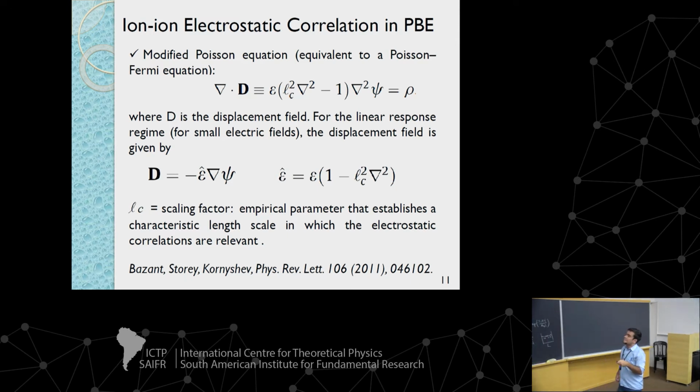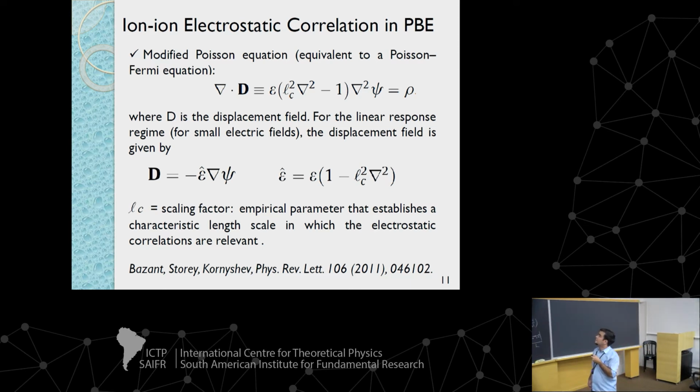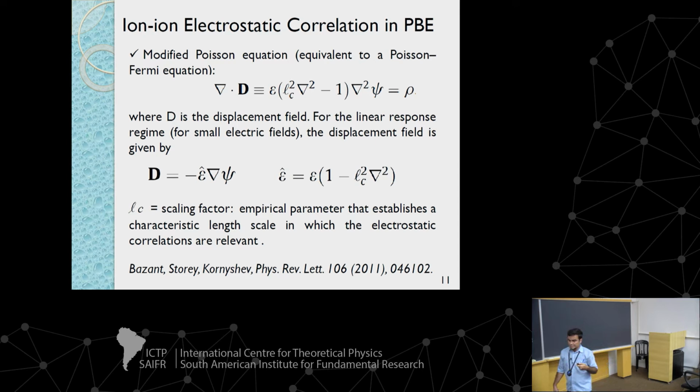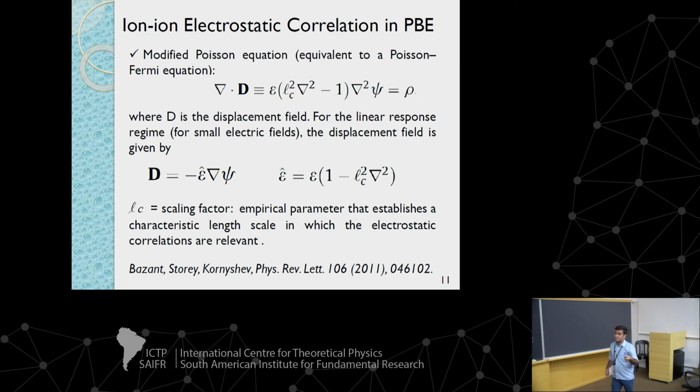And we get this scaling factor. There is an empirical parameter that should establish until where the ion-ion correlations are relevant. The problem is that this parameter usually is used as an adjustable parameter.